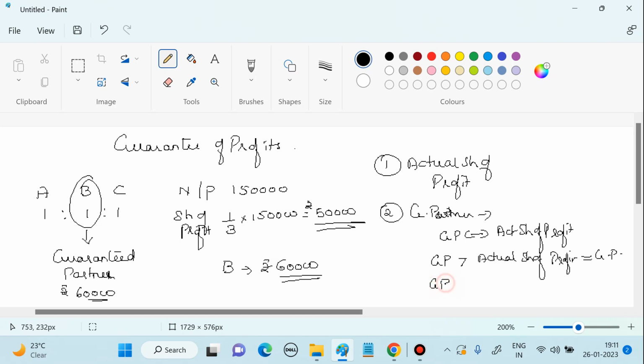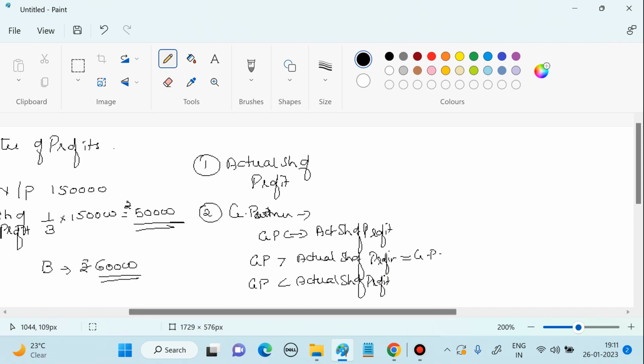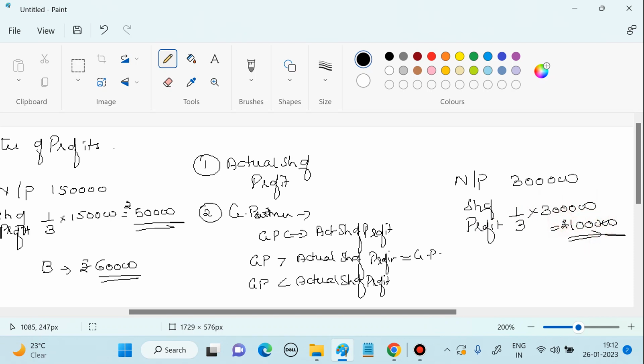But if the guaranteed profit is lesser, which means the actual share of profit during that year was more, let us take an example. If the net profit was 3 lakhs, in the same case of A, B and C, what would be the share of profit? They were equal partners. So it would have been 1/3 of 3 lakh, 1 lakh rupees was the share of profit.